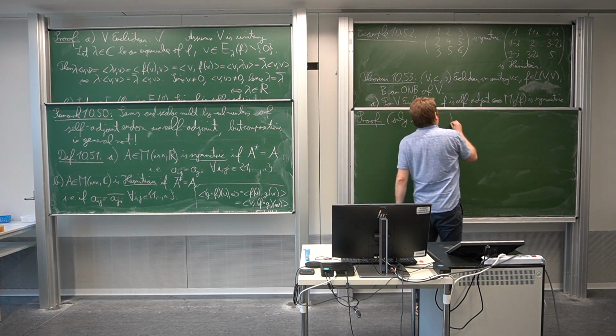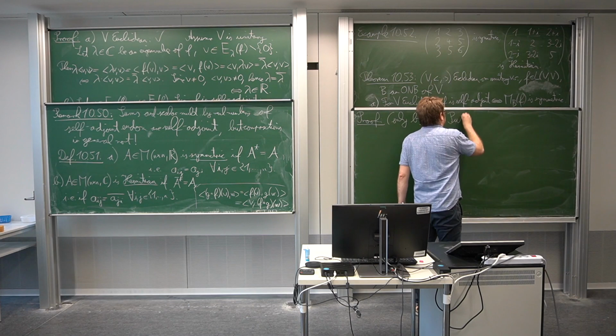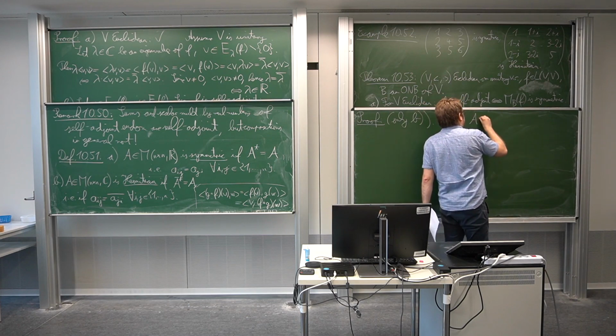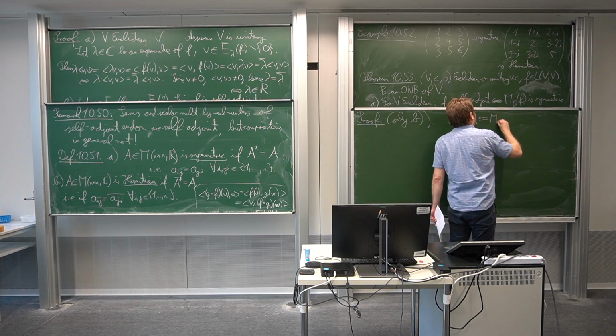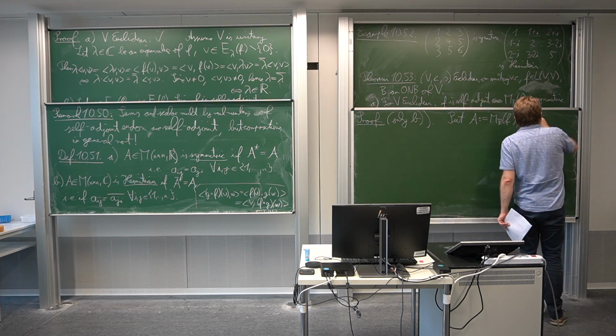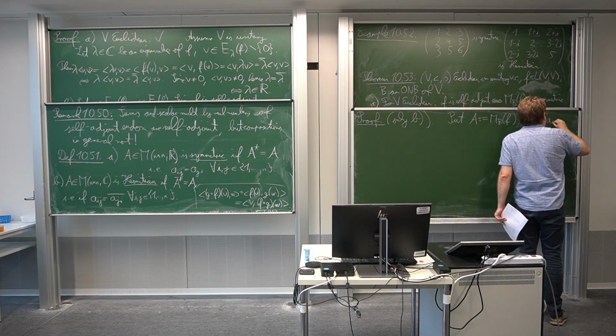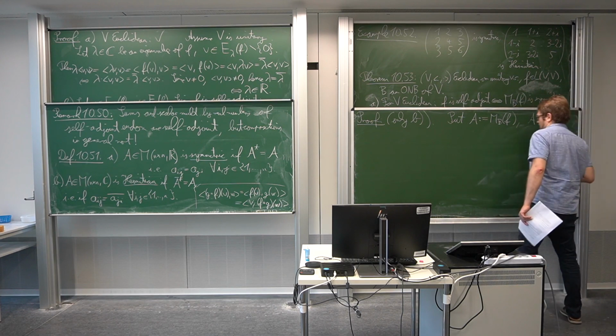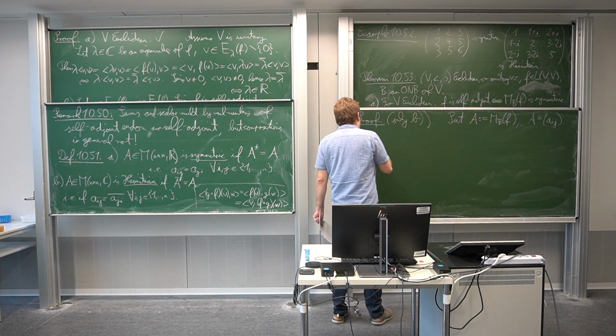So we're in the unitary case, and just to abbreviate, we let A denote this matrix representation, M_B F, and we denote its entries again by a_ij, so A is (a_ij). Okay. Now, the easy direction.